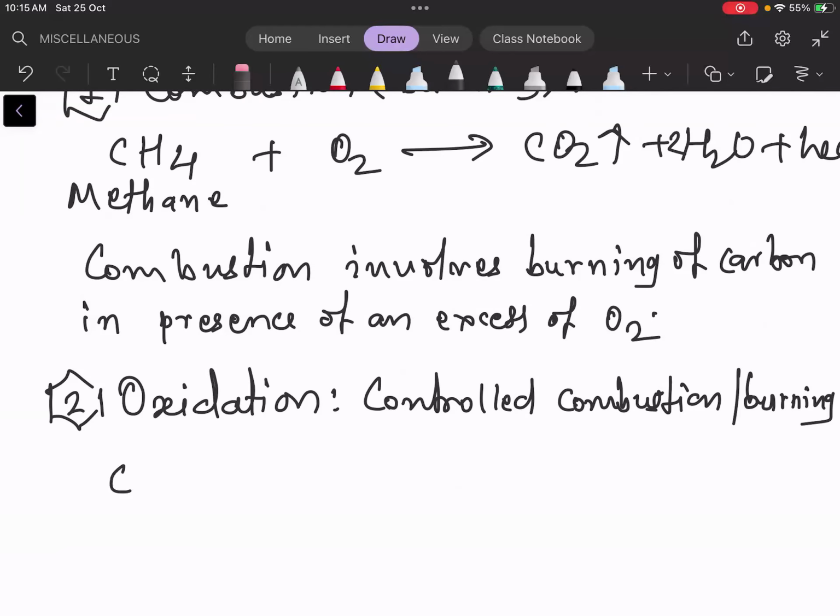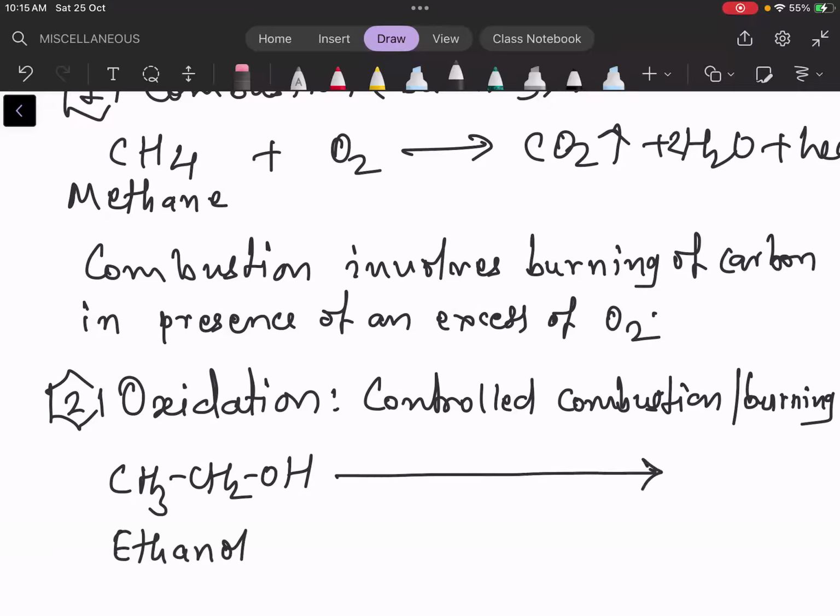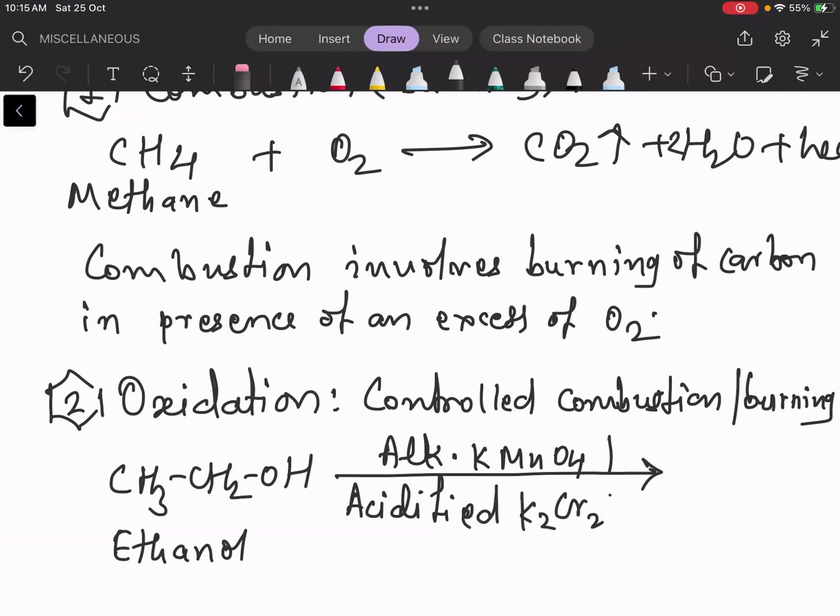For example, ethanol, CH3CH2OH. Whenever it is subjected to alkaline KMnO4 or acidified potassium dichromate plus heat, what will you get? You will get ethanoic acid. Ethanoic acid.